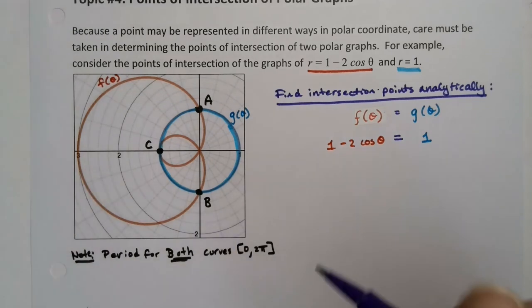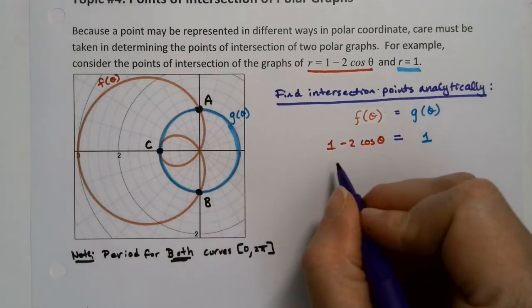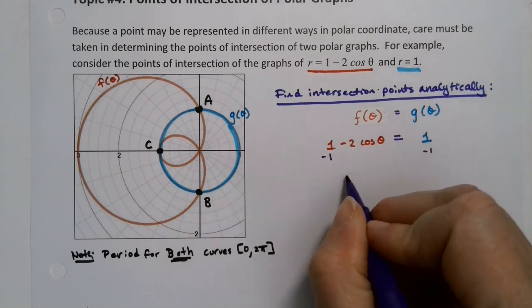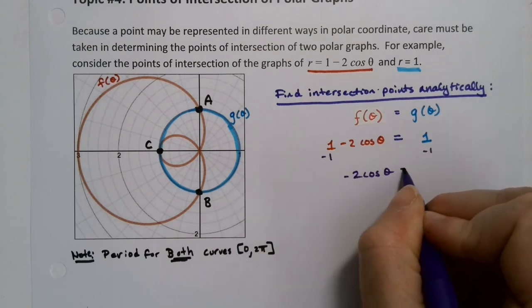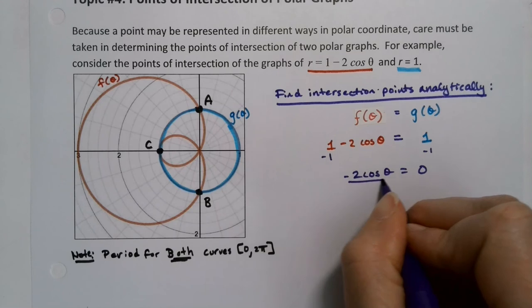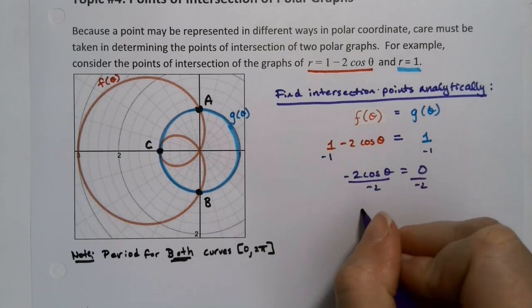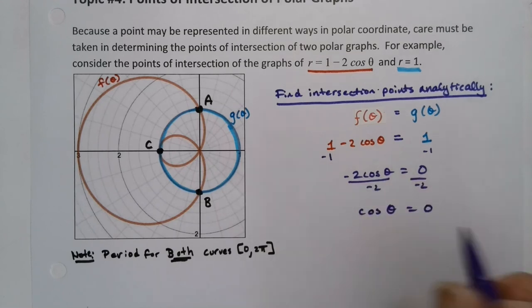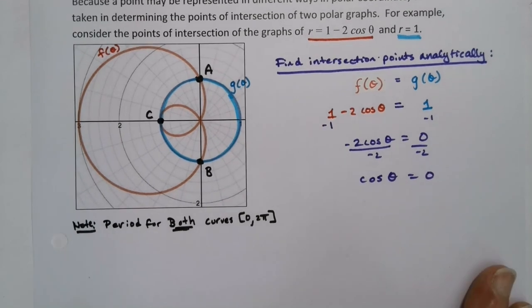Okay, well, I would subtract 1 from both sides, so that would get me negative 2 cosine of theta is equal to 0. Divide by negative 2, cosine of theta is equal to 0. All right, so it's easy enough.